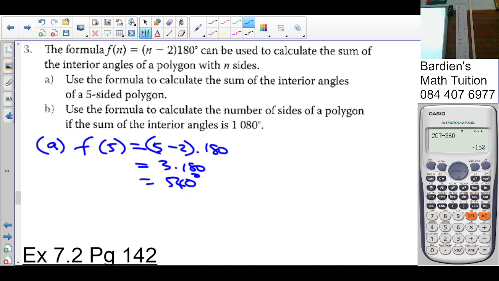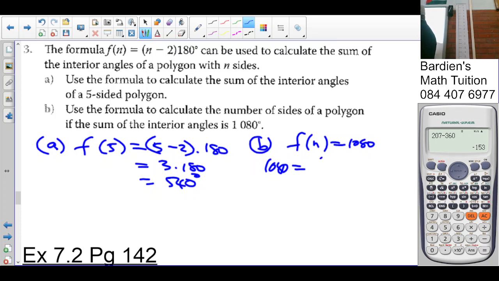Okay. B. Use your formula to calculate the number of sides a polygon has if the sum of the interior angles is 1080. So f of n is 1080. So it's 1080 equals (n minus 2) times 180. So what I do is I divide both sides by 180.